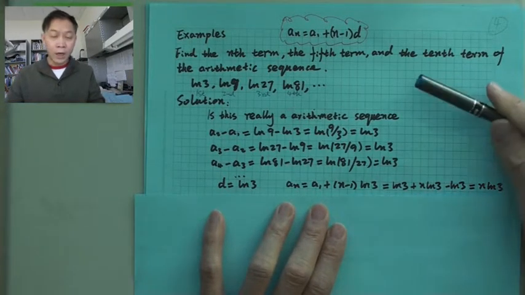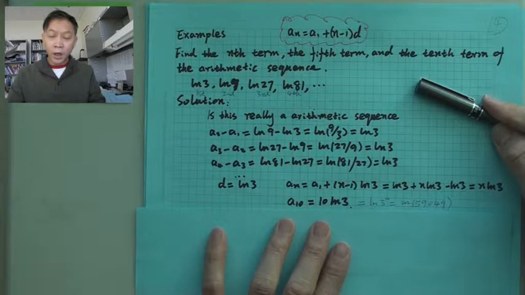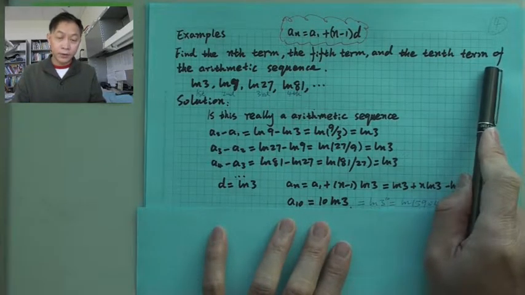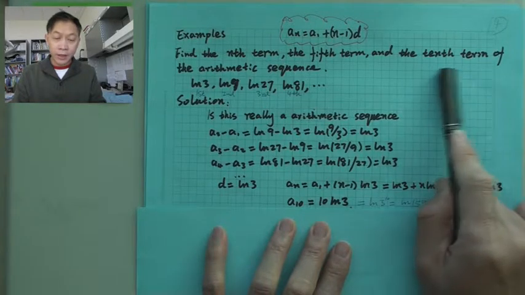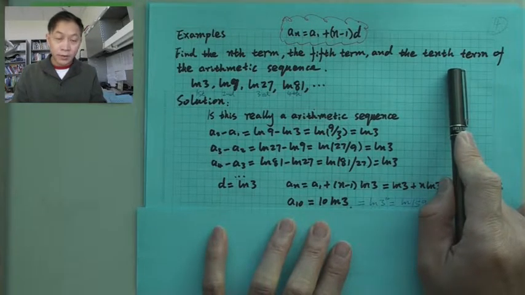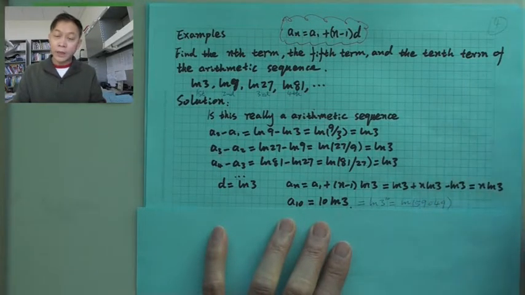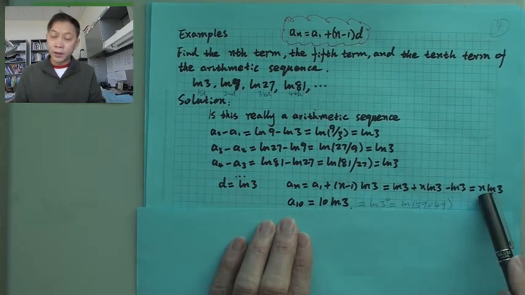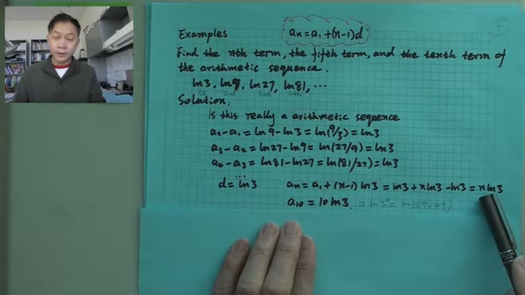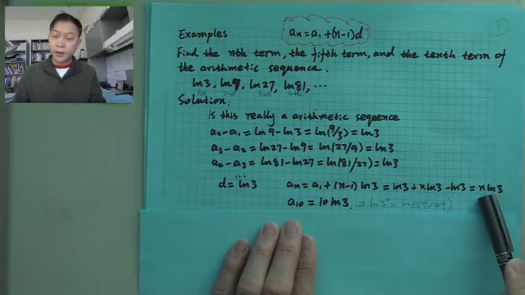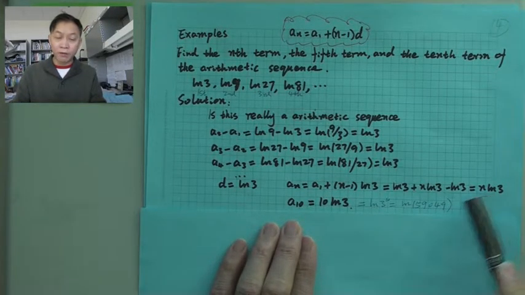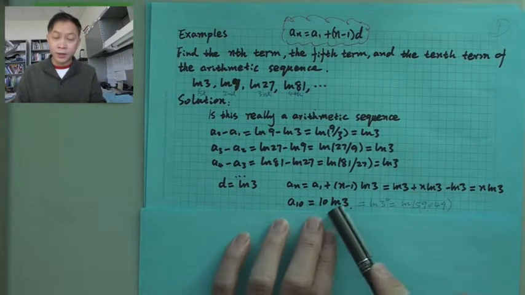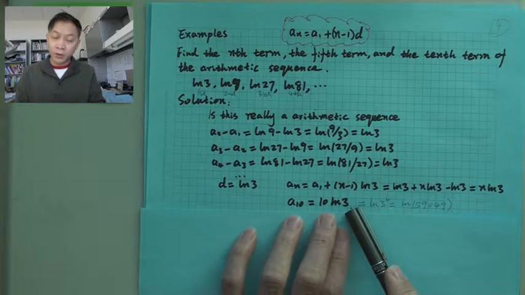Okay? Now, how about the 10th term? The 10th term is right here. N is 10, then you will have a sub 10 is 10 times natural log 3.